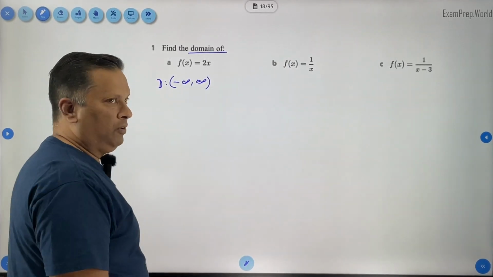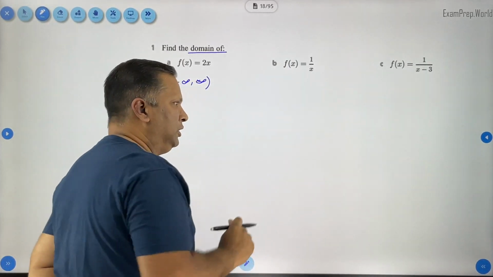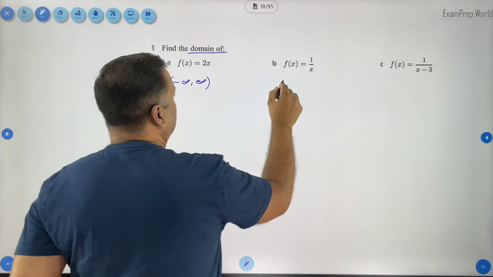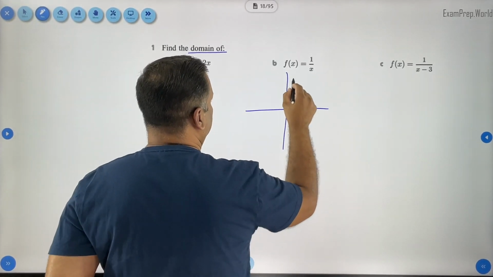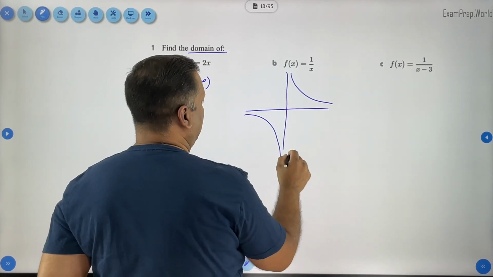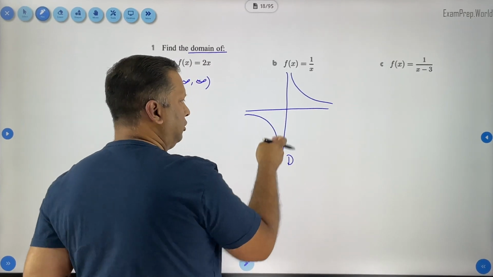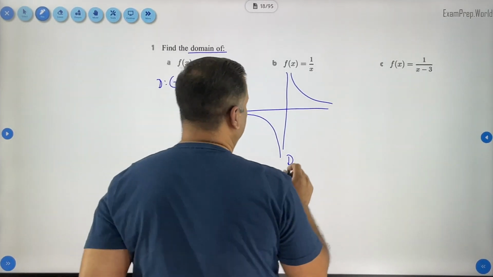This is a reciprocal function, right? Now for this kind of function, you should always remember that this function will be something like this. The function will never touch the x-axis, nor will it touch the y-axis, right?